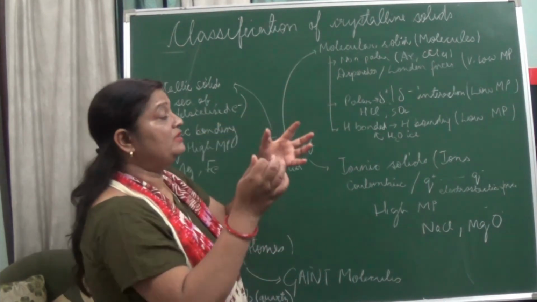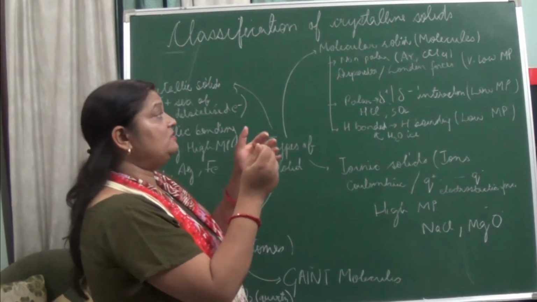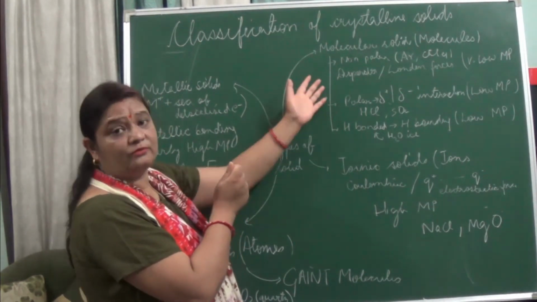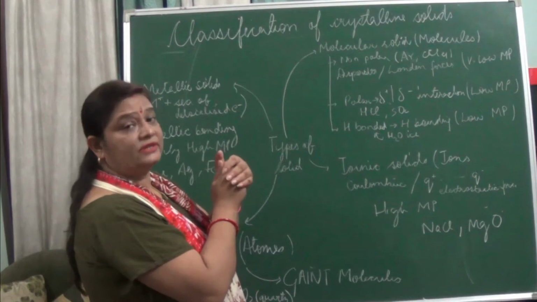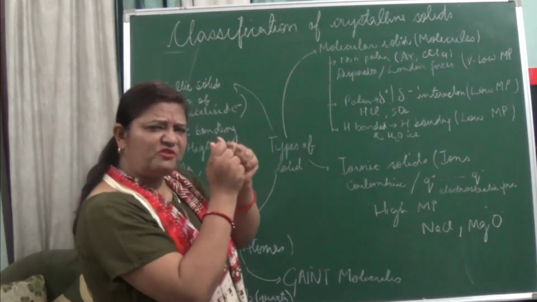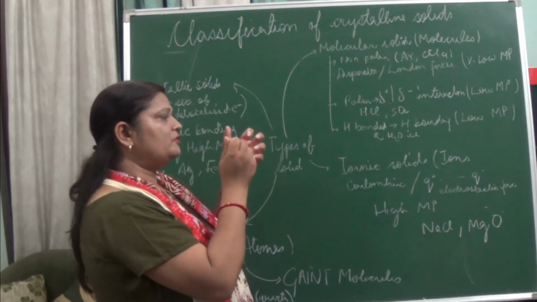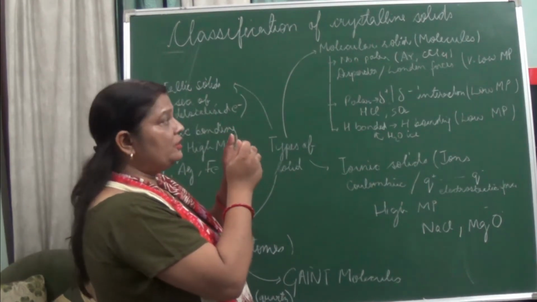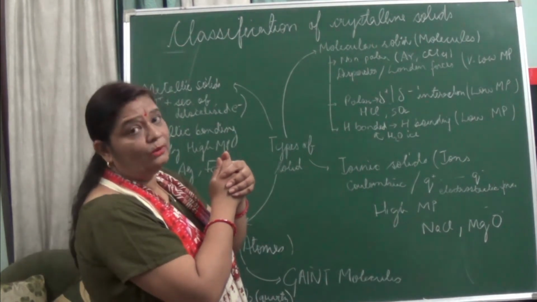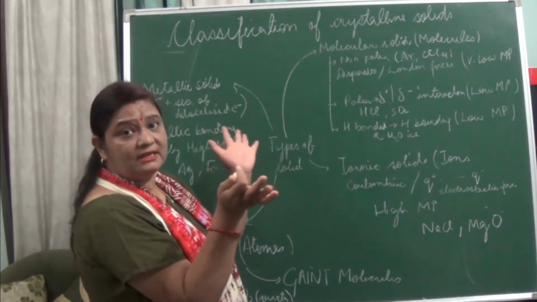So here weak forces are present, like dispersion and London forces. This is a type of Van der Waals force. You have studied in class 11th. The forces between the molecules are weak in nature, so the melting point will be very low, isn't it? Because it can break easily.